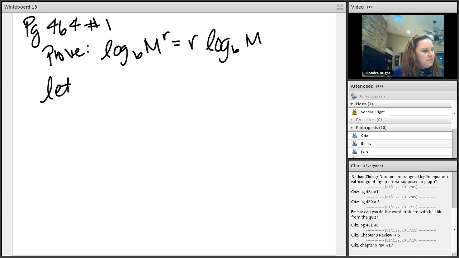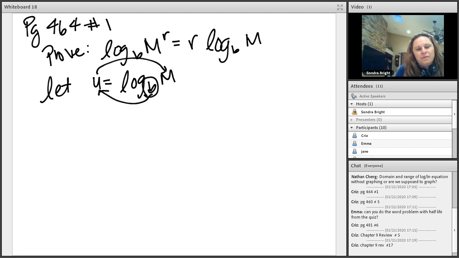If I let u equal log base b of m, then b to the power of u is equal to m.